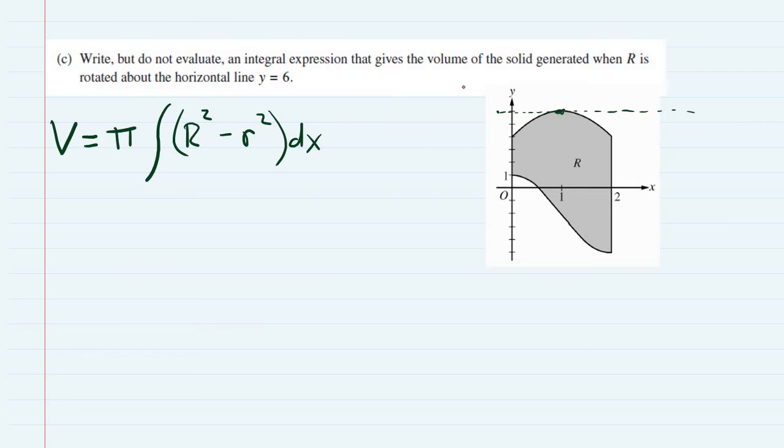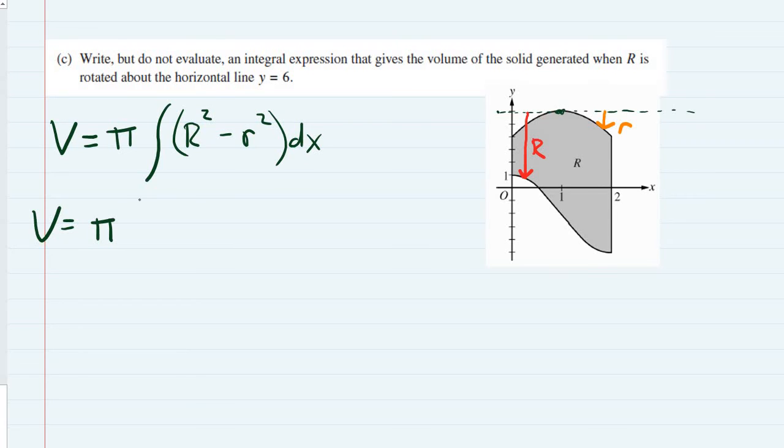Okay, that is going to be the distance from the axis of rotation down to the furthest boundary. And the little r is going to be the distance that would go from the axis of rotation to the nearest boundary, right here. So this is going to be little r, this is going to be big R, like that. So we can come back here and say, okay, well, let's just figure out what these are.